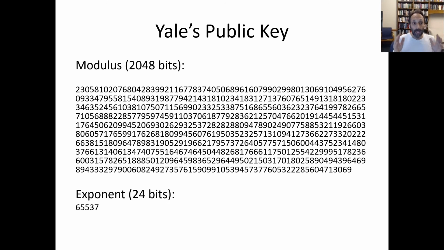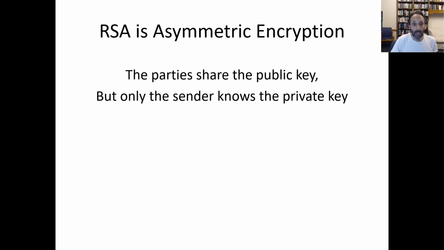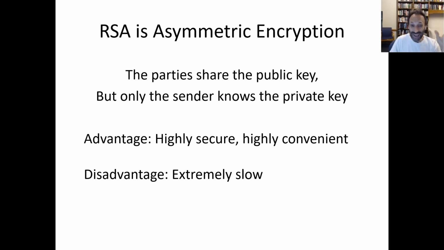So again, RSA is asymmetric encryption. The parties share the public key, but only the receiver knows the private key, okay? Now, the thing about asymmetric encryption is it's really secure and it's really convenient, but it's really slow because there's a lot of computation going on here.